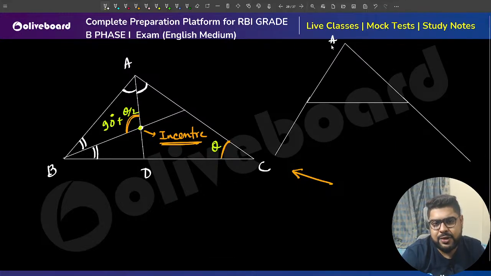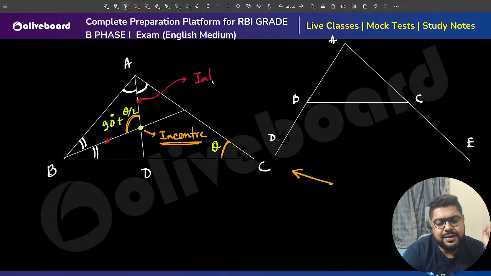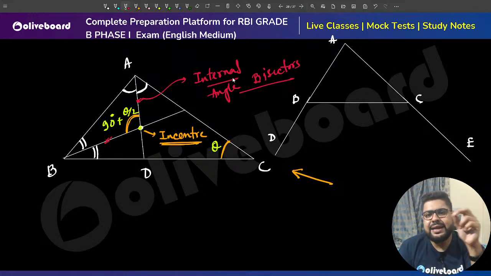So let's say this is A, B and C. This is D, this is E. Now this particular side, this particular line and this particular line are all internal angle bisectors.